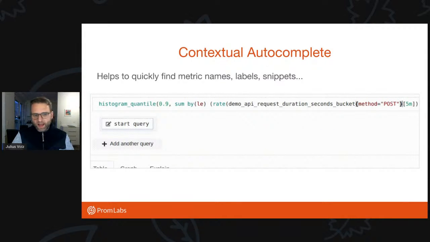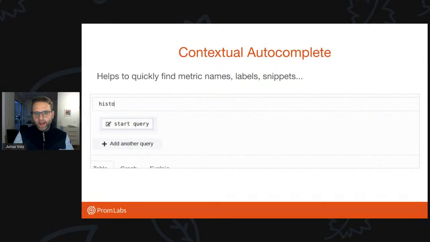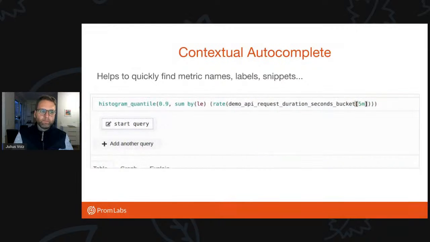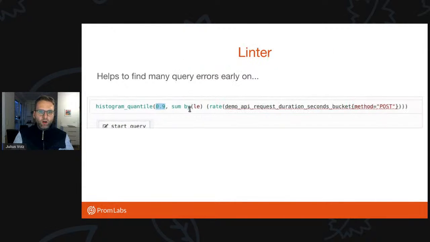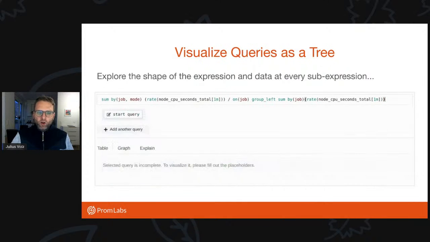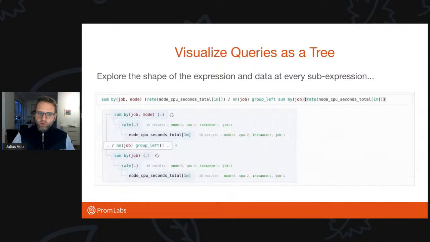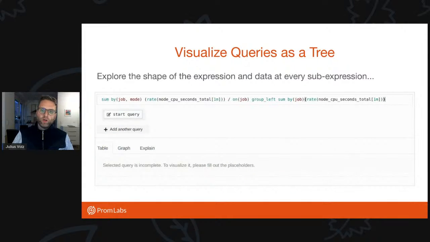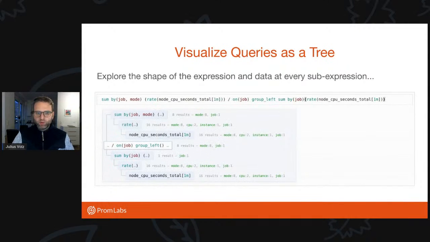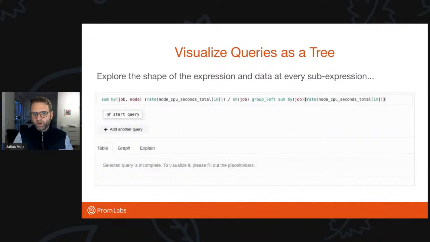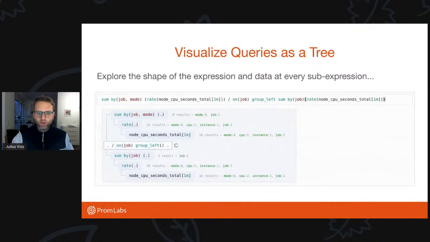So first of all, it has a nicer query editor built in that has proper highlighting and auto-completion, especially contextual auto-completion. It also has a built-in linter that can show you a lot of common query errors right underlined in the editor. The core aspect is that it really shows you the structure of each query that you type and shows you at every subquery what results you have, how many results, what the different label names are, and how many different values there are for every label name.